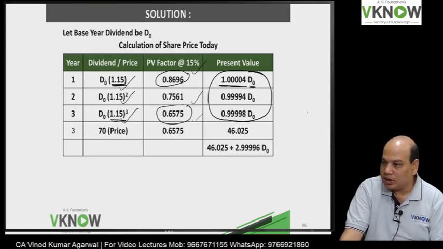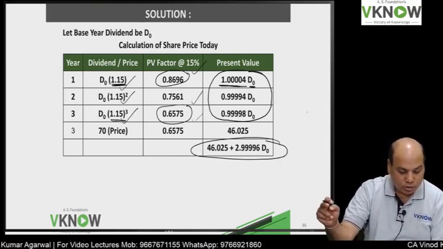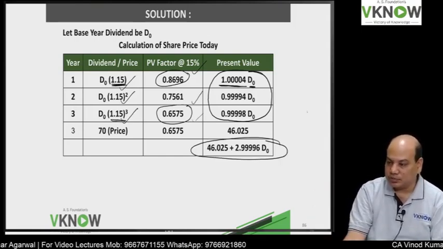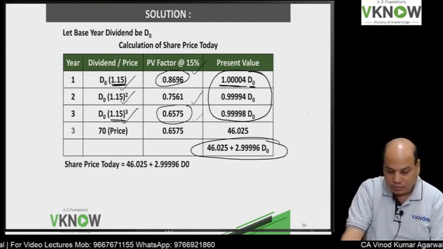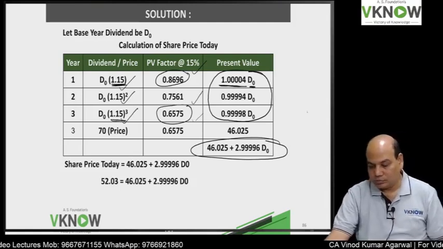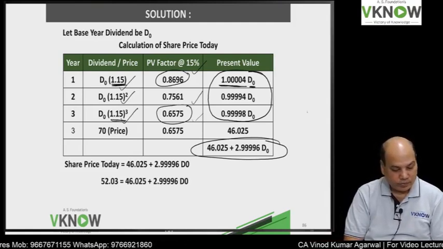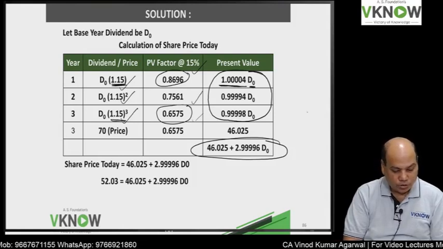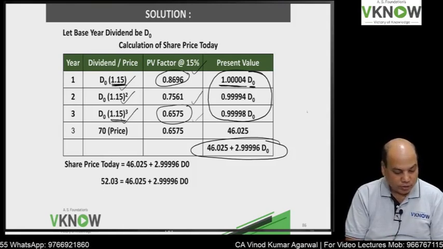If you want to write 3D0, it's okay. And this should be equal to what? This should be equal to 52.03. So write down the equation: share price today is equal to 46.025 plus 2.99996 D0, or just write down 3D0.